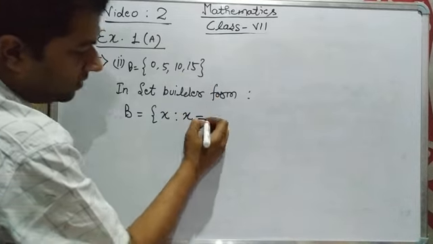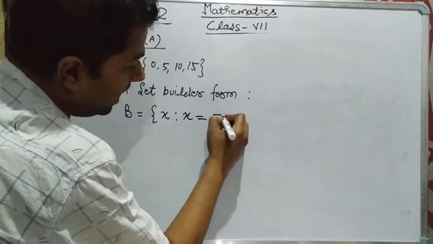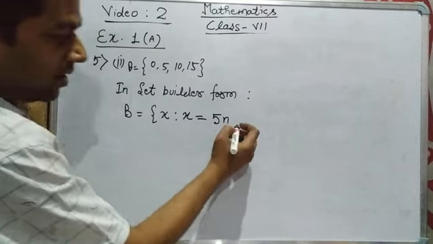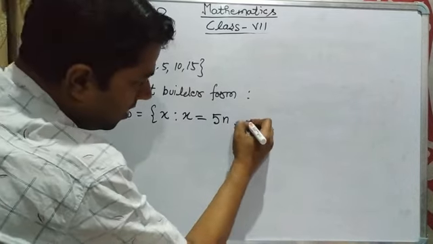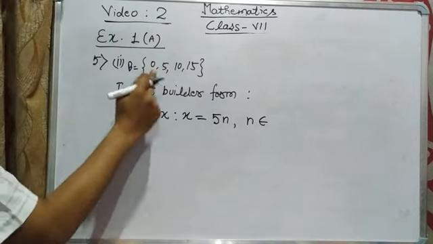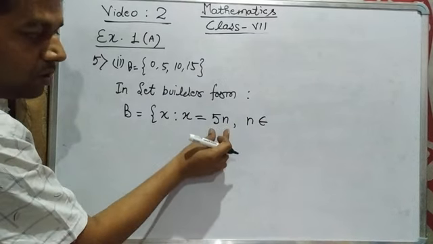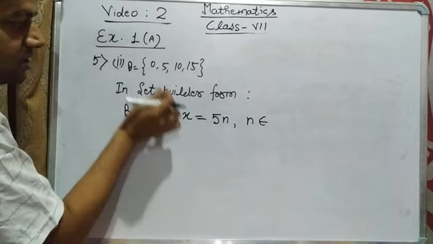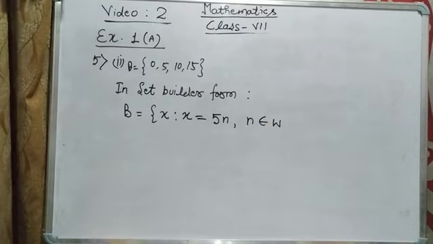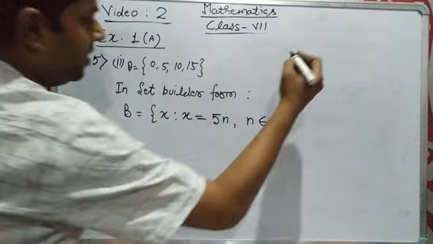Define x as the individual element at a certain time. x = 5n, the multiple of 5, where n belongs to W, starting from 0. If we put 0, 5 into 0 is 0, so x is 0, the first element.